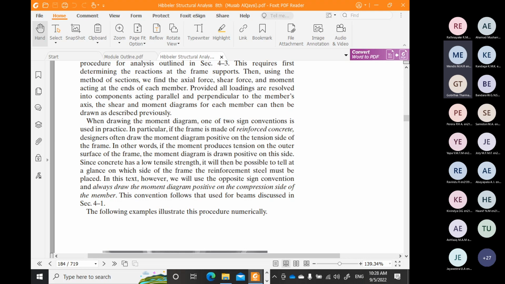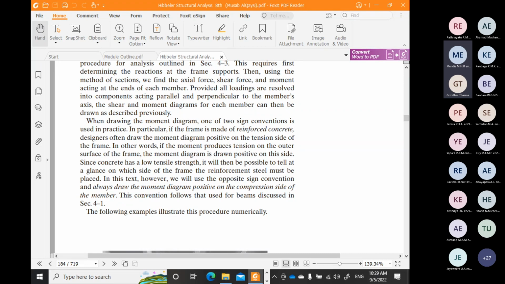So to be consistent with that, they are using this method. We will be adopting the same, which is convenient for us, because in a beam, when it is sagging we draw on the positive side, and hogging, we draw on the negative side.